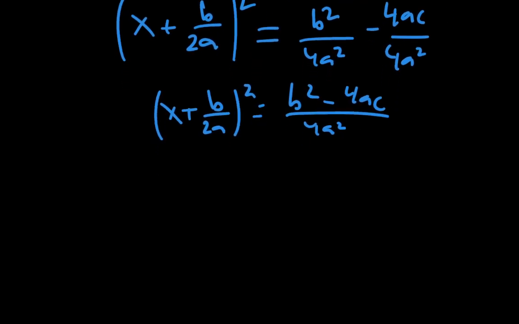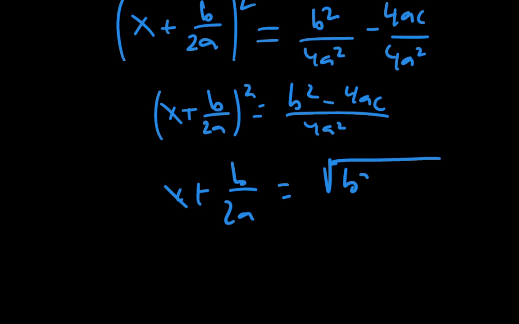Now you just take the square root, and this is plus or minus because we want both solutions. And the square root of 4a squared is this 2a.